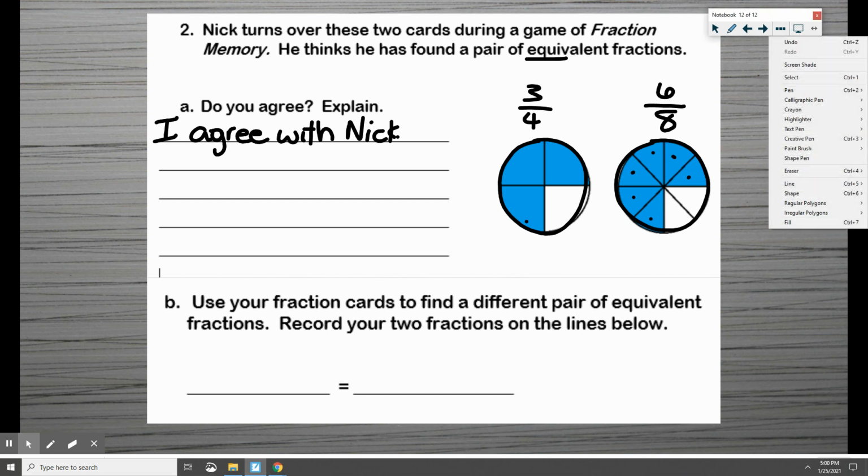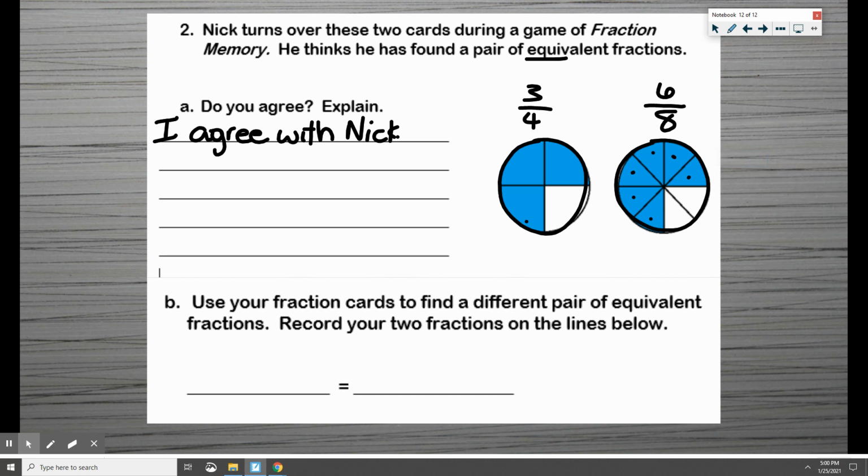In fact, one thing that I could do is if I were to get rid of those lines in the middle of this one, I'm going to see if I could split it into fourths. And when I split it into fourths, I can see here's 1/4, here's 2/4, and 3/4. So they are equivalent.